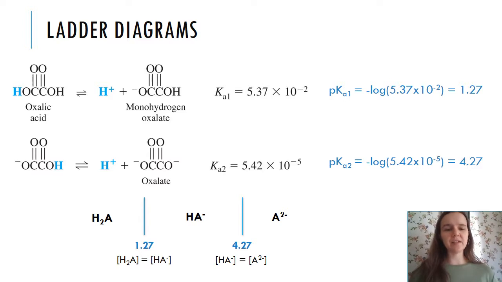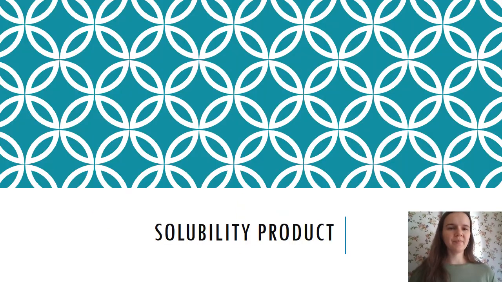At the particular pKa numbers, you have equal concentrations of the two forms. So the pKa of 1.27 means oxalic acid and monohydrogen oxalate, H2A and HA-, have equal concentrations right at a pH of 1.27. Same thing for the other pKa.